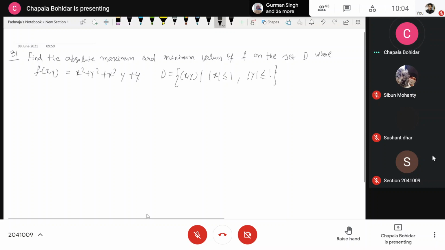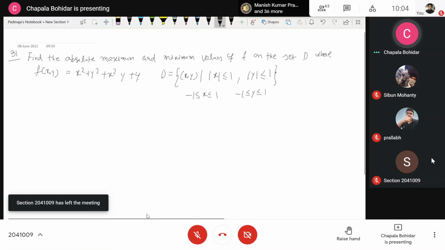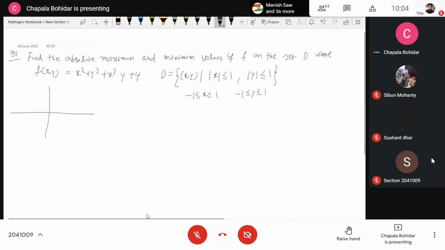Okay. So here x lies between -1 and 1, and y also lies between -1 and 1. First we draw our figure.